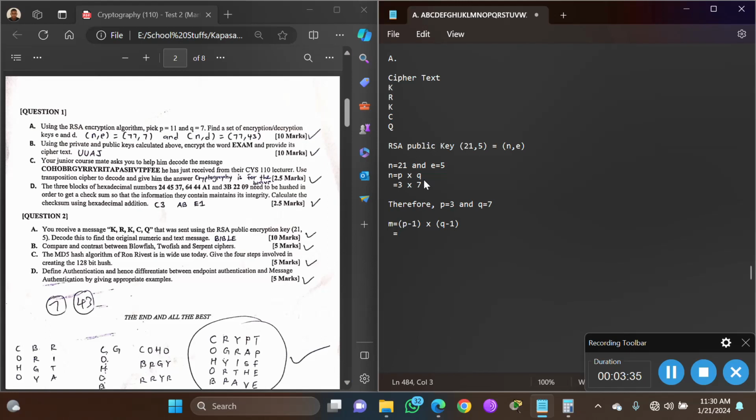We know the value of P is 3, so we say 3 minus 1, times Q, which is 7, so 7 minus 1. Then we do our calculations: 3 minus 1 we get 2, times 7 minus 1 we get 6. Finally, 2 times 6 we get 12.